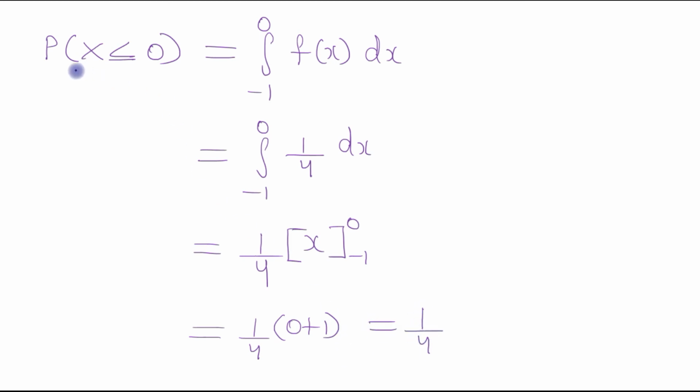So the probability that x is less than or equal to 0 is equal to 1 by 4.